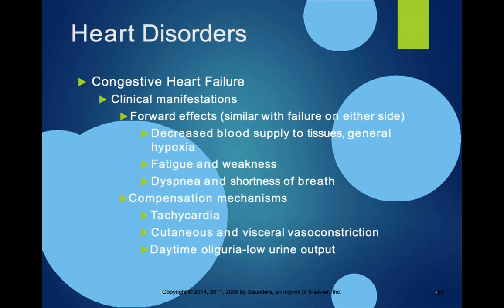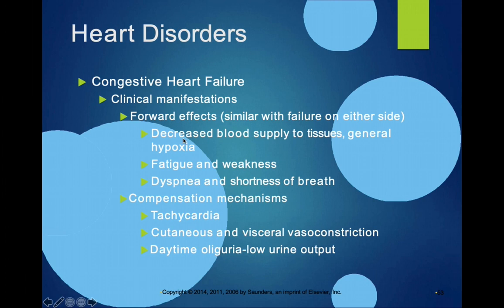What are the clinical manifestations? With the forward effects, which are similar whether the failure is on the left side or the right side of the heart, there's going to be decreased blood supply to the tissues. There's going to be hypoxia, fatigue, weakness, difficulty in breathing, and shortness of breath.